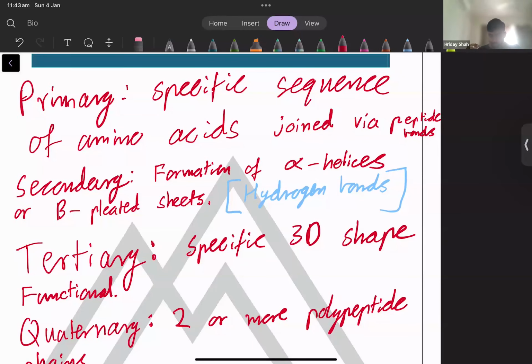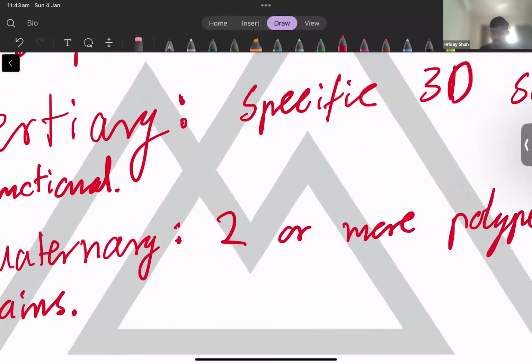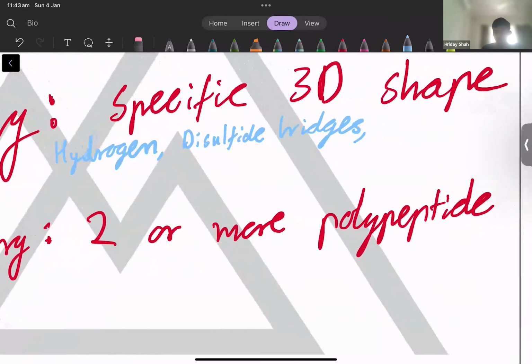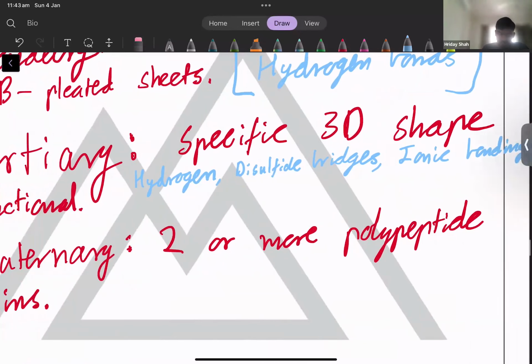Then what do we have at the tertiary stage? Tertiary is basically every single other type of bond. So hydrogen bonds are going to be there. The one we talked about earlier, so disulfide bridges are going to be there. Now, some others that I will list, ionic bonding is going to be there.